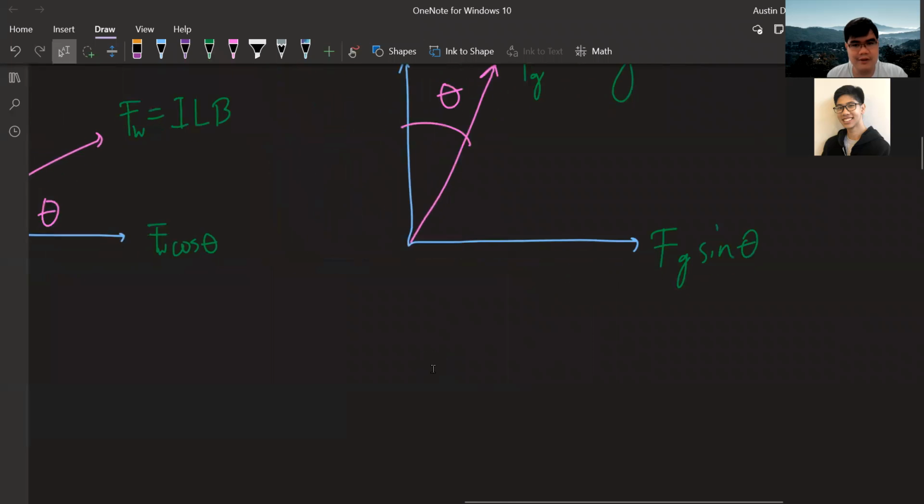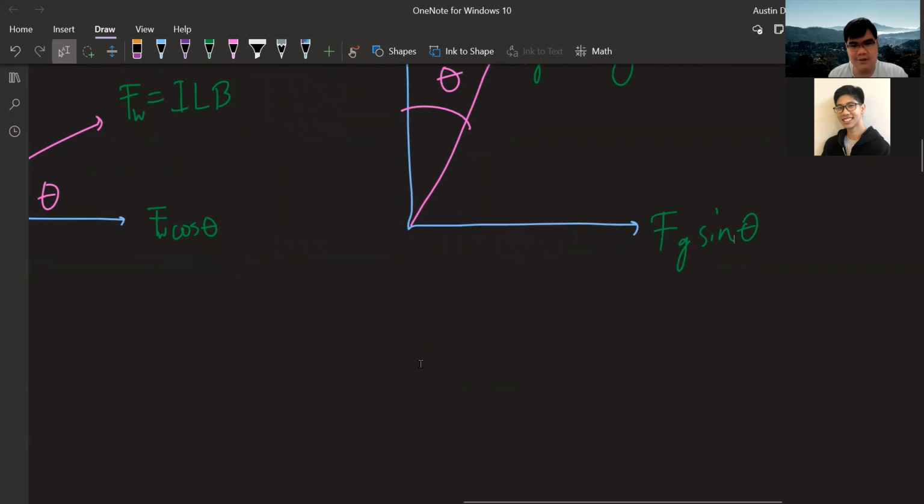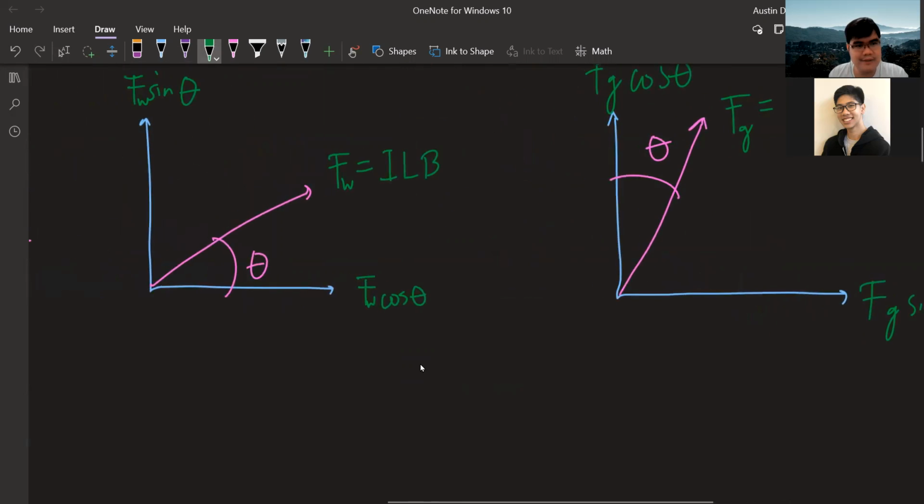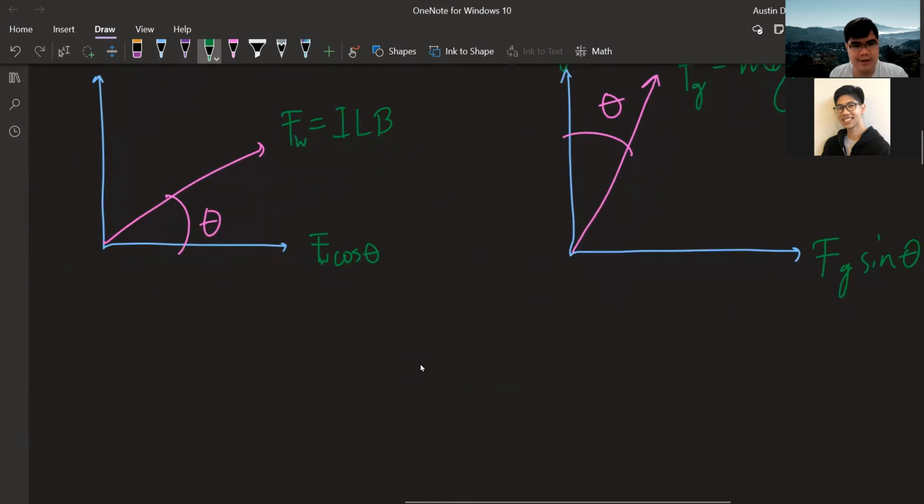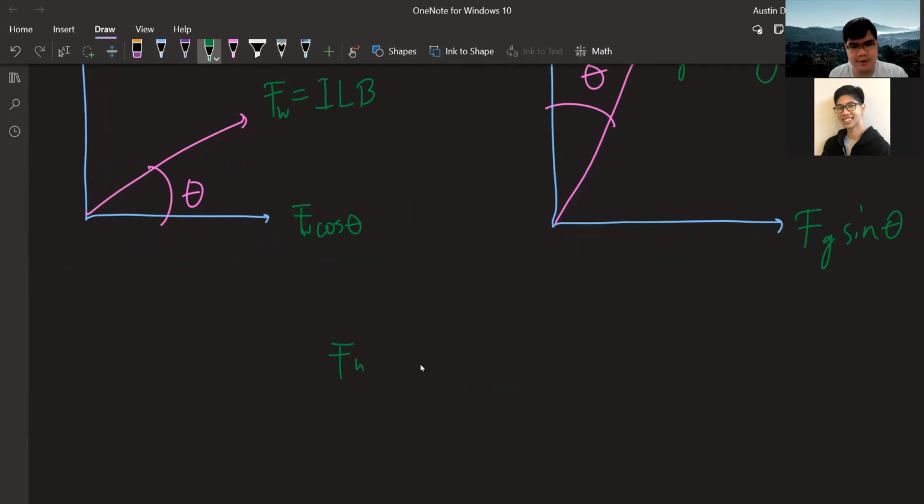So therefore, para hindi gumalaw yung wire, dapat equal yung forces. So therefore, we need FW cosine theta must be equal to FG sine theta. And FW cosine theta is ILB cosine theta, mg sine theta.